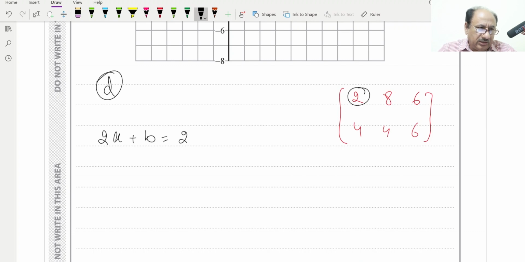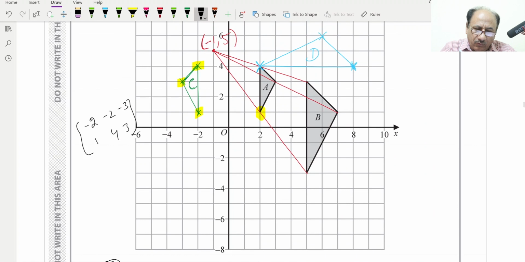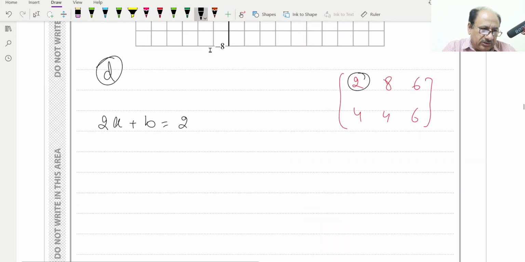And the second equation we will form from (2, 4), this point, and we can write 2a plus 4b is equal to the other point, this D, so we can write 8.